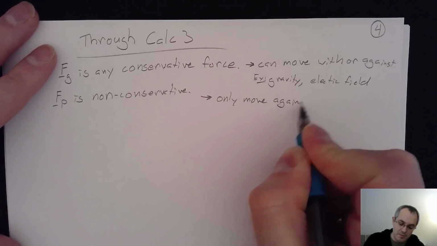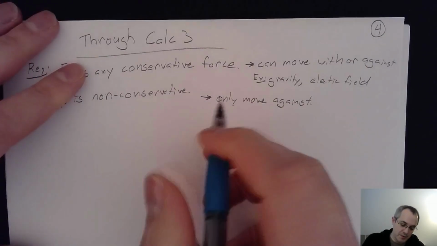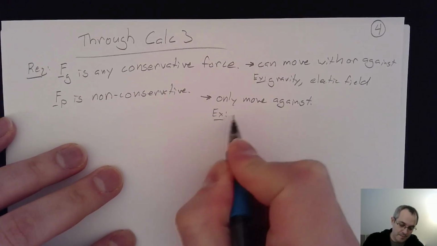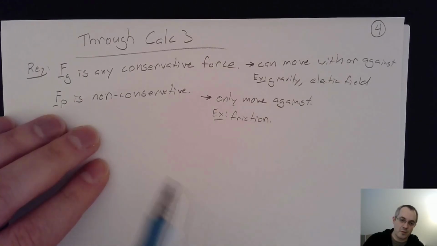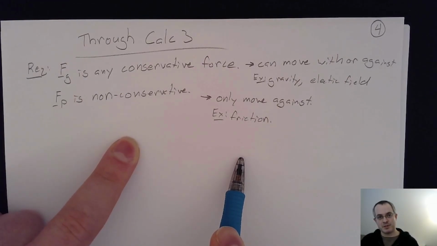Of course, you can come up with mathematical examples where you can only move with it, but in terms of easily understood physical examples, a great example of a non-conservative force is friction. No matter which direction you're moving, friction is always opposing that motion, right?